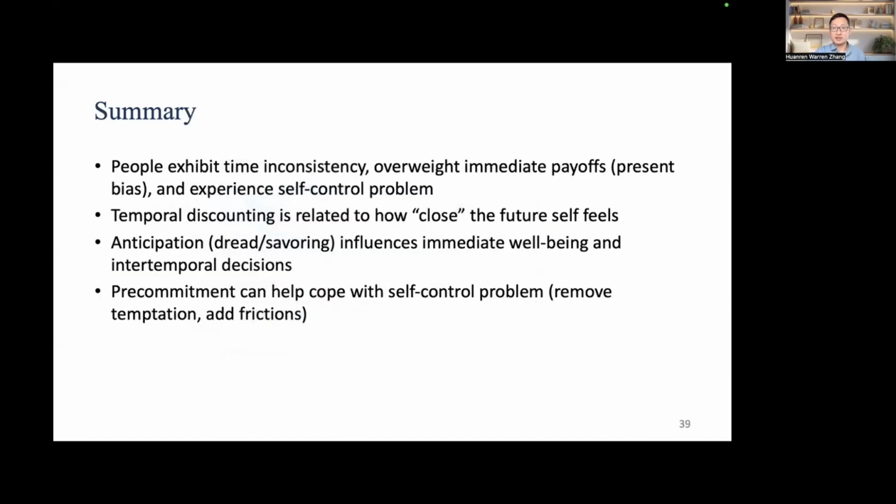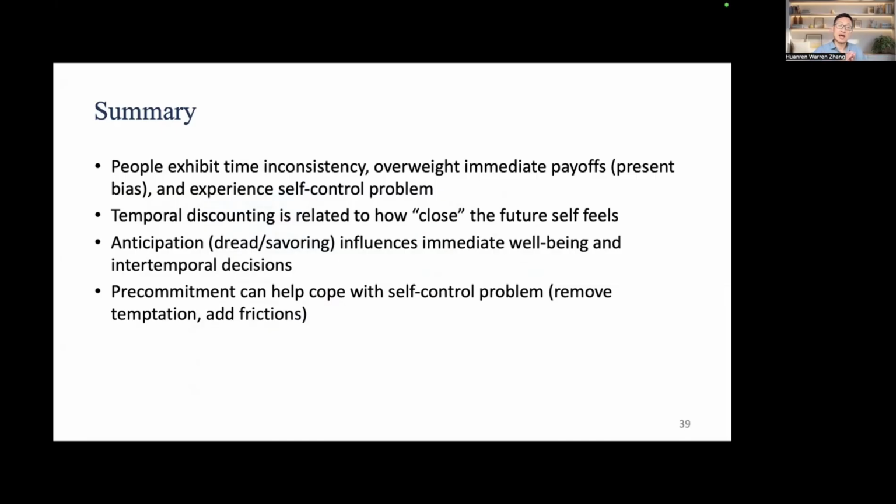So that is our discussion for today about intertemporal decision making. To summarize, we have learned that people exhibit time inconsistency. They overweight immediate payoffs, which means they exhibit present bias and experience self-control problems. Temporal discounting is related to how close the future self feels to the present self.